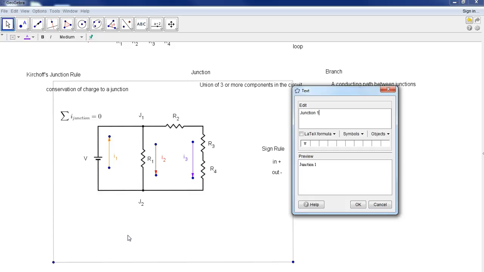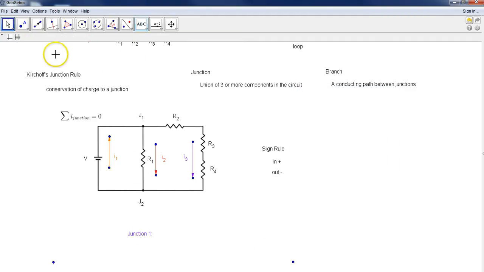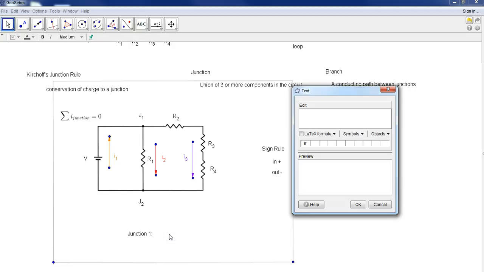So I write the whole word out. For junction 1, I have current 1 flowing into the junction. So to start that equation, I have plus I1 because it's flowing in.